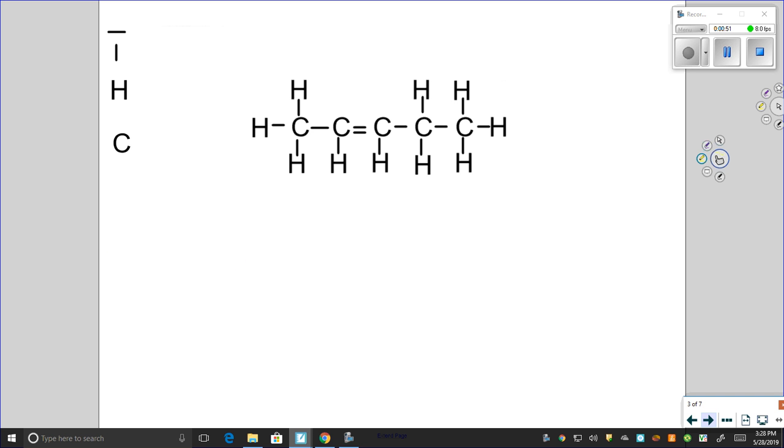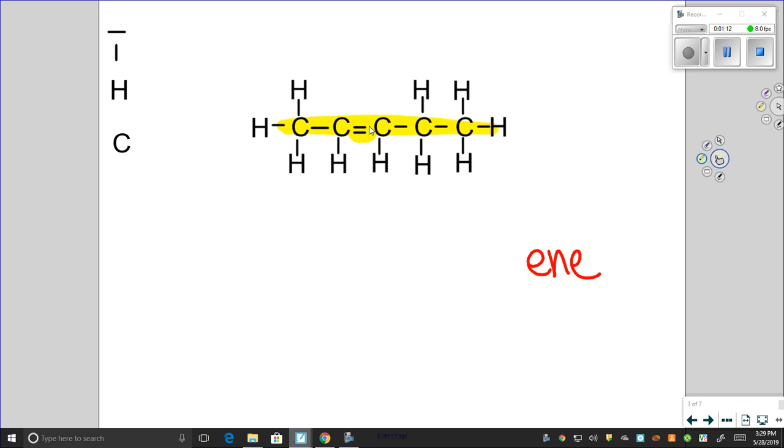Here is an alkene. I know that it's an alkene because I have a double bond in it. So first thing I do is I know it's an alkene because of the double bond. Now I'm going to count up how many carbons I have in my main chain of my molecule.